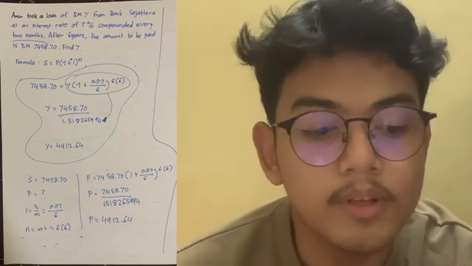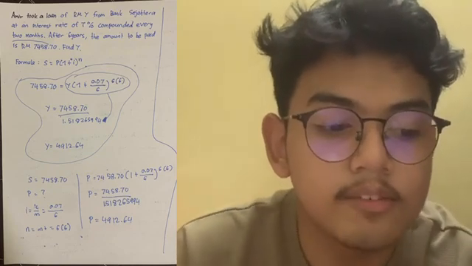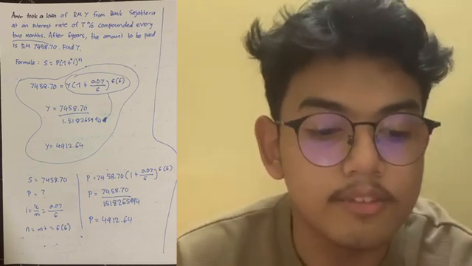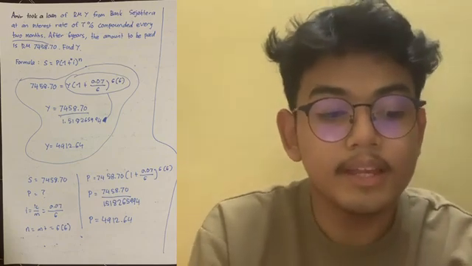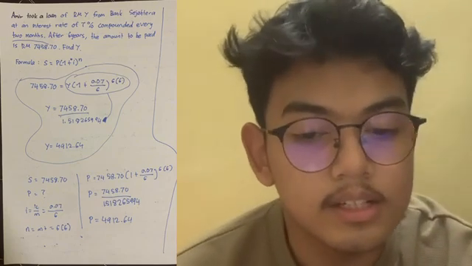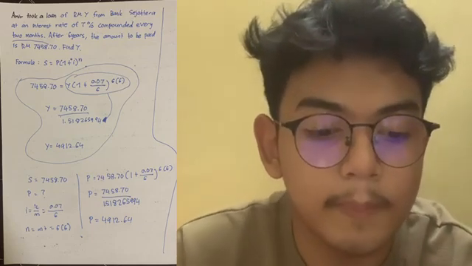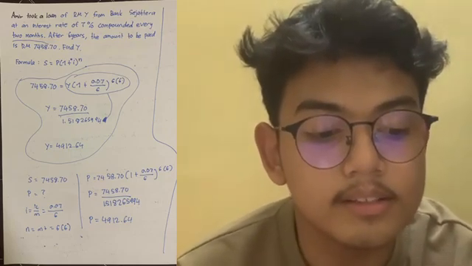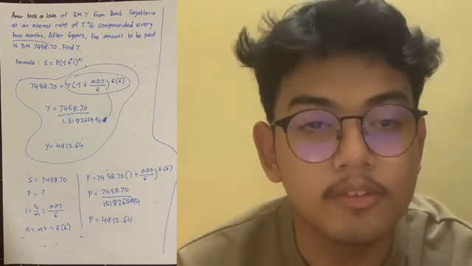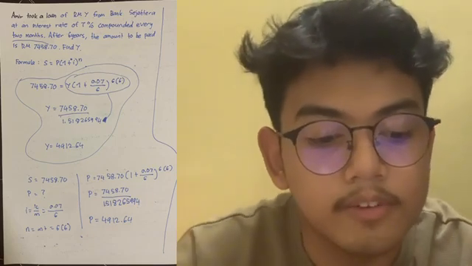After that, we put into the formula 7,458.70 cent equals to P in the bracket 1 plus 0.07 divided by 6, in the top 6 in bracket 6. After that, we calculate in the bracket first.